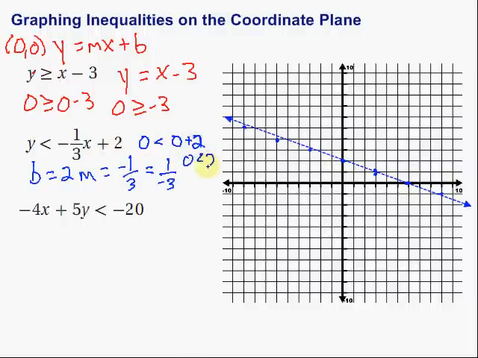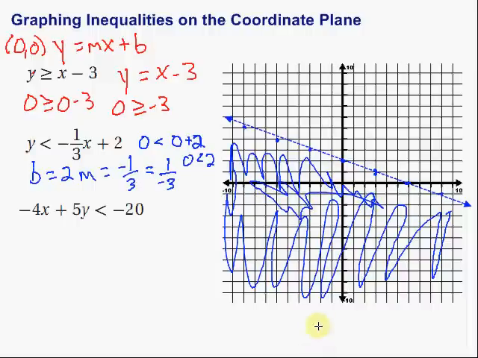Sure enough, it is. Just to be sure, we could check any other point over here. And actually, every single ordered pair that we choose on this side of the line is going to work in our inequality. That's what the graph represents. It represents all those ordered pairs that work. So we shade in this side of our graph.